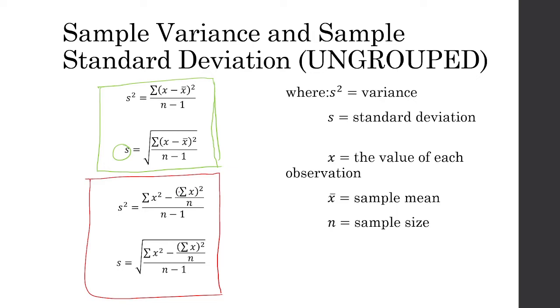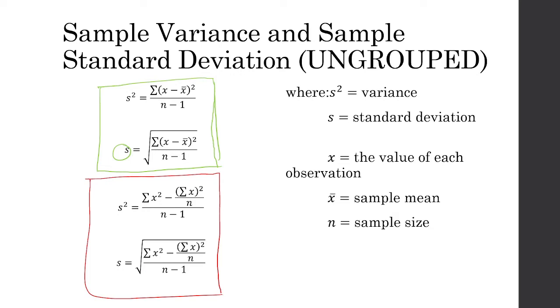Then you need to get the sum of all your observations, square it, and divide it by the total number of samples. Then you need to divide it by the number of samples minus 1. That is for the variance. And para naman sa standard deviation natin, you just need to get the square root of that. So, two sets of different formulas for different scenarios.